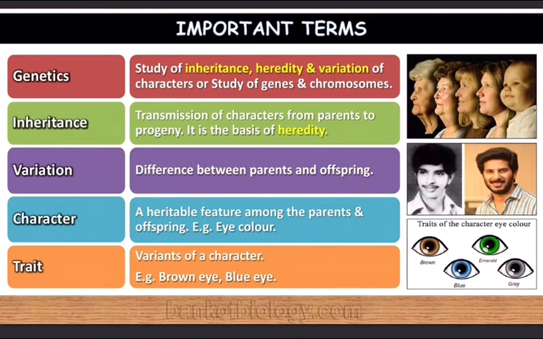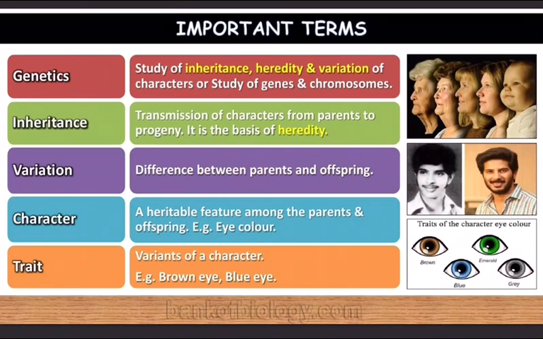Before we go into the Mendelian laws, let's understand some of the technical words that may arise in this chapter. First, genetics. It is the branch of biology that deals with the study of heredity and variation of characters, or we say study of genes and chromosomes.